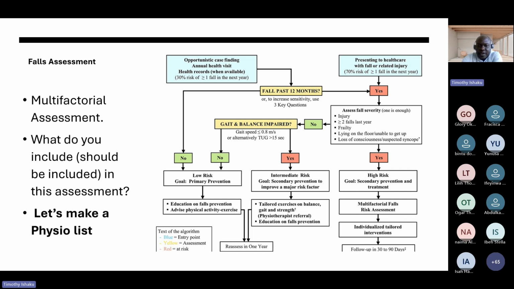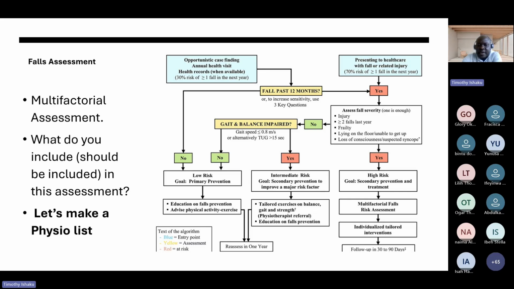So it's trying to prevent them without treatment. So secondary prevention and treatment. And it is recommended, once they are at high risk of fall, for us to consider what we call a multifactorial falls assessment. Okay, multifactorial falls assessment, which we'll talk about.